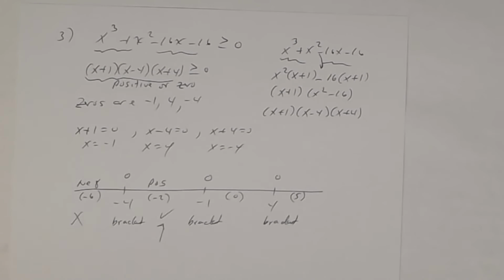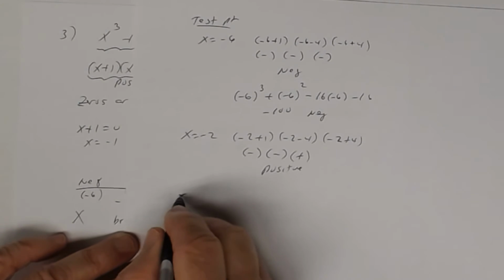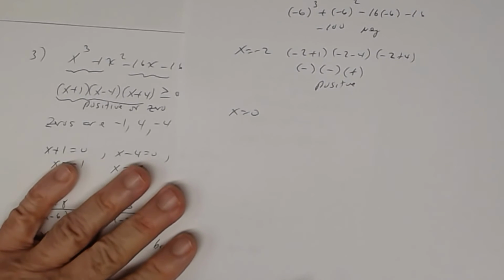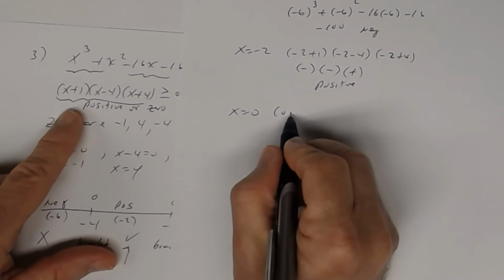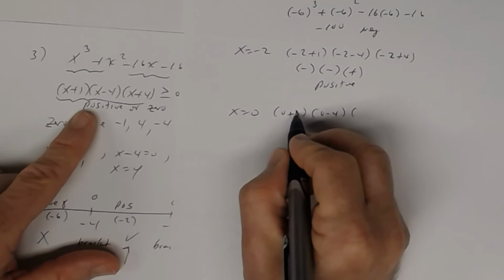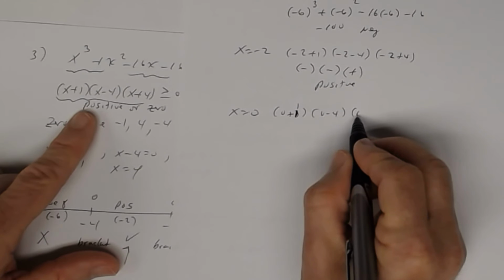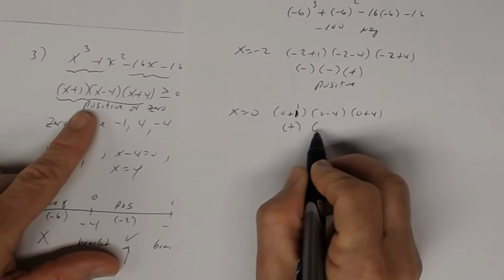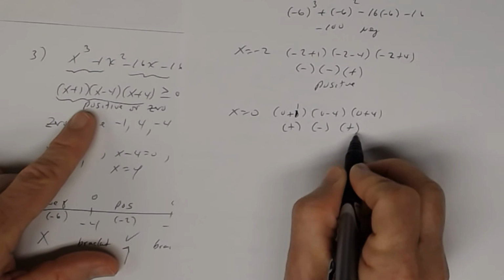Then I go to 0. If x is 0, do the same thing. I have 0 plus 1, 0 minus 4, and then 0 plus 4. So 0 plus 1 is positive, 0 minus 4 is negative, 0 plus 4 is positive.